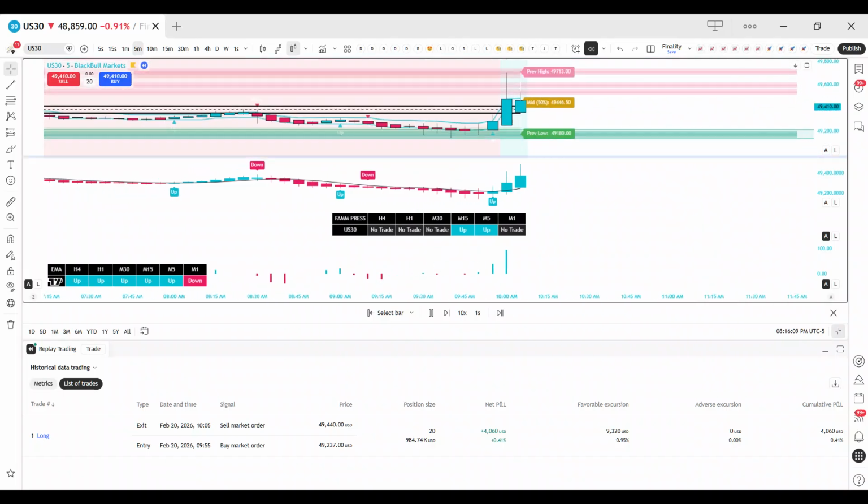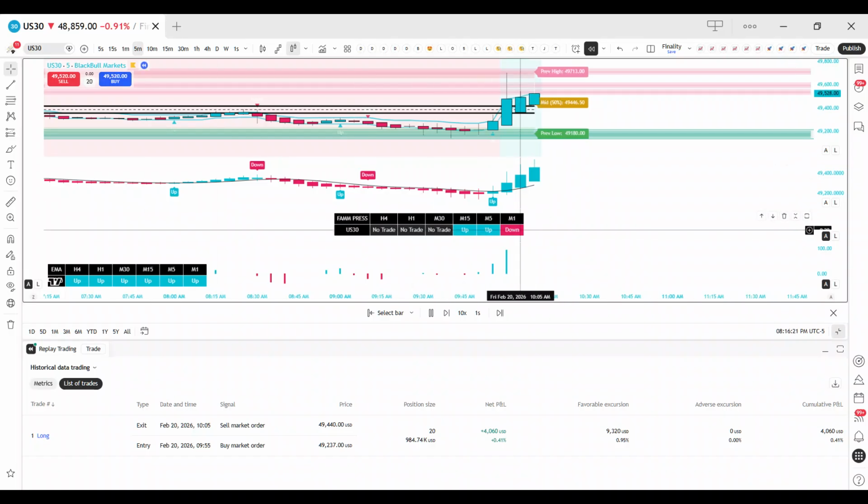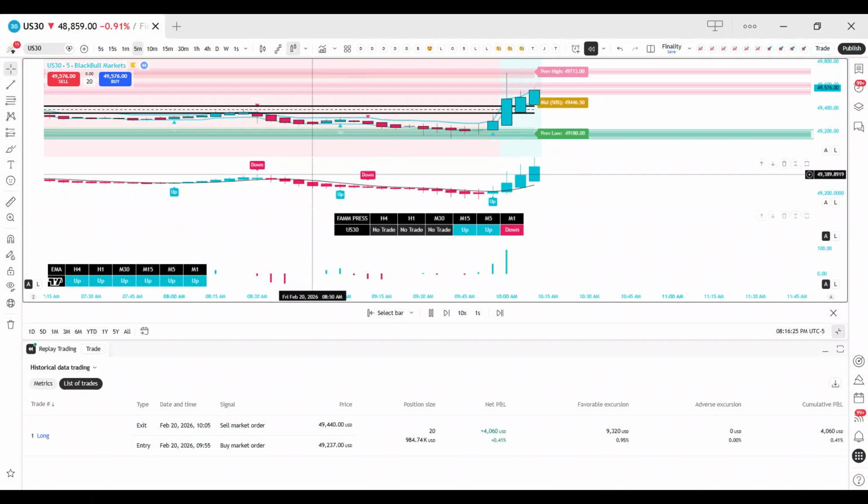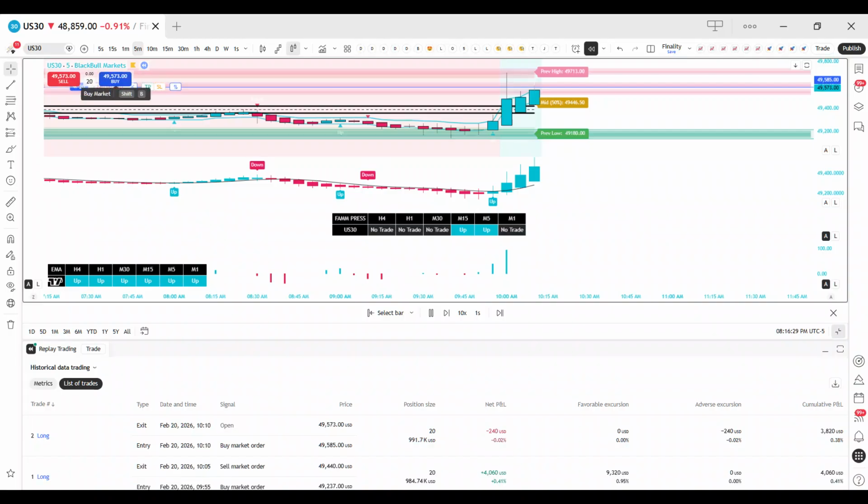So, if you want to take it at the highs and stuff like that, you could definitely do that. It's always good. But yeah, otherwise, just take it when there's 1 minute turns and go from there, right? Now, for me, if this 1 minute turns blue again here, then I'm pressing that again.